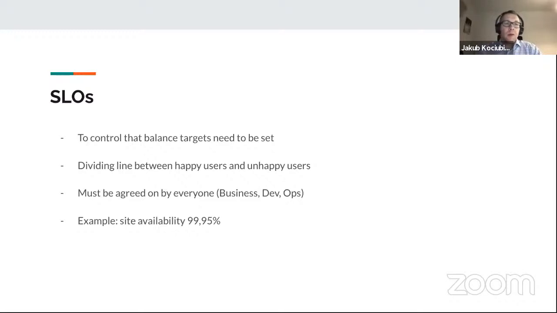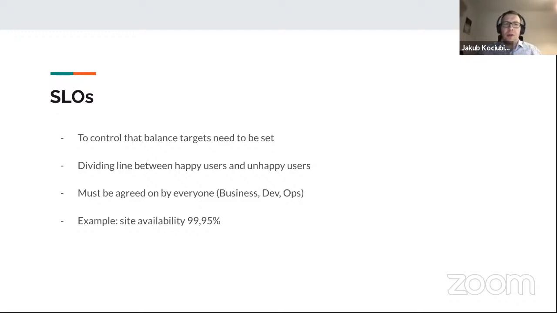So the SLO should be the dividing line between happy and unhappy users. What you want is the SLO to tell you when the users are happy enough to be using your service, and they don't really care about the next 9 that you get on your availability, and when they are not happy.